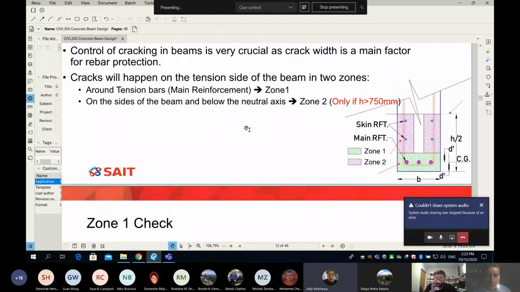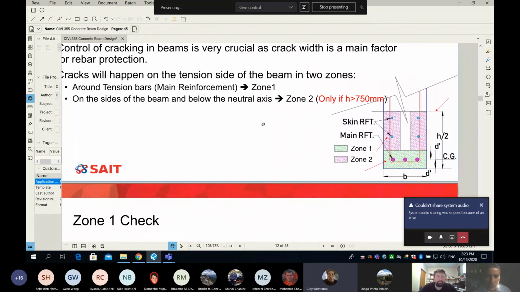So that h/2 there, can you please explain it again? Is that h/2 the length of the crack? It's the depth of the crack, so it's supposed to be from the bottom, because we know the crack will start from the bottom and will keep going up until one point.